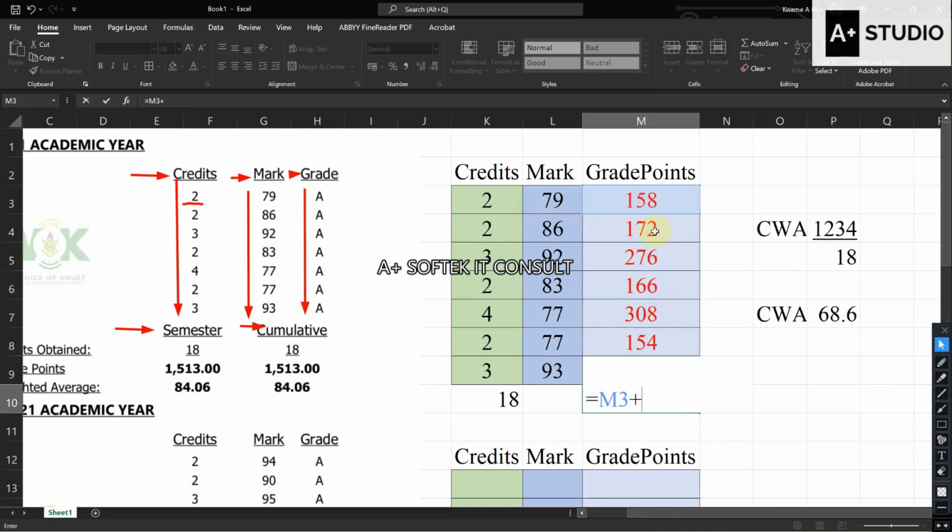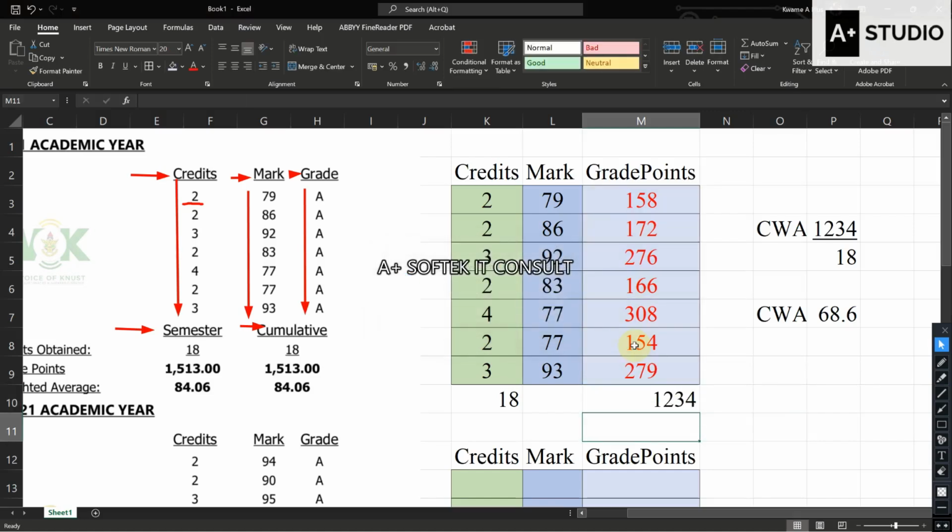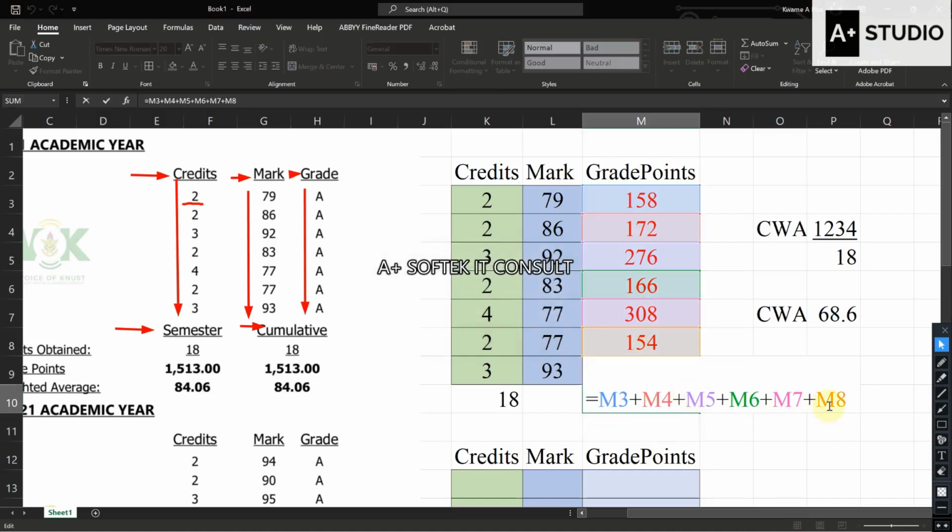This plus this plus this plus this, plus this plus this, plus the next one. That should be okay. So the last one down there wasn't really added.